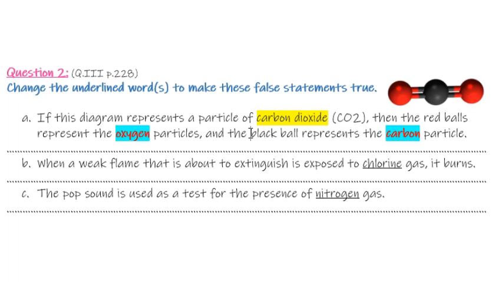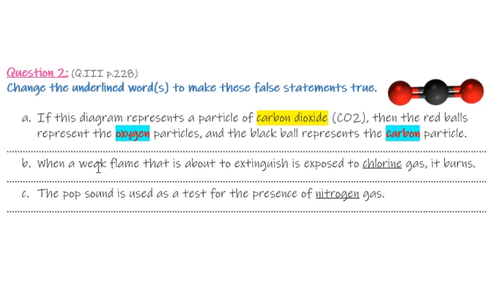So this diagram represents a particle of carbon dioxide. The red balls represent the oxygen particles. We have two oxygen atoms in one molecule of carbon dioxide, and we have one carbon atom in one molecule of carbon dioxide.